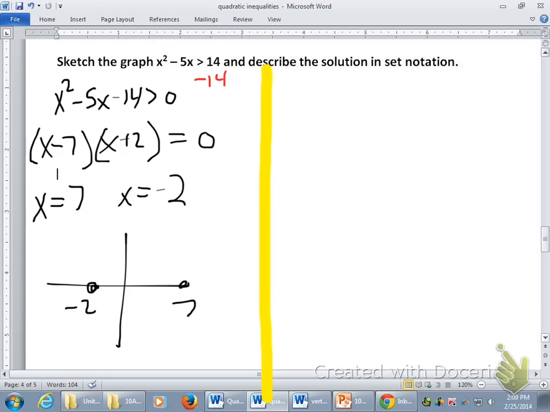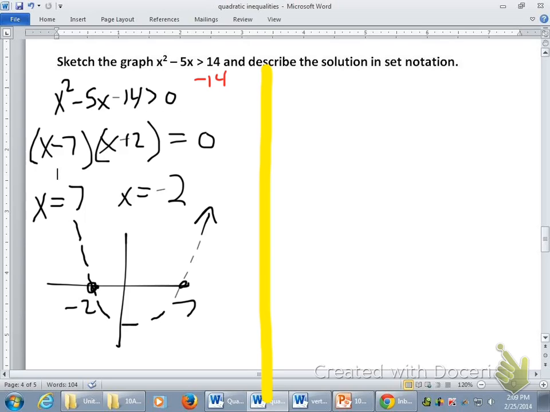Is it solid or dotted? It's dotted, and it faces up or down? Up. So I've got a dotted line that faces up. Looks something like this, right? And where's the solution?